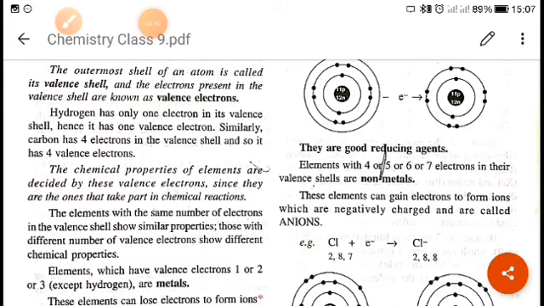One more thing: elements with the same number of electrons in the valence shell show similar properties, and those with a different number of valence electrons show different chemical properties.